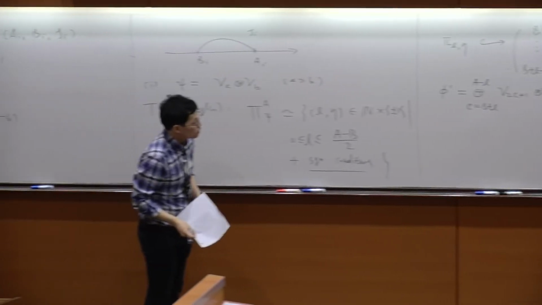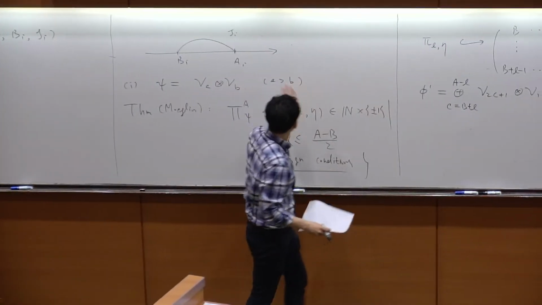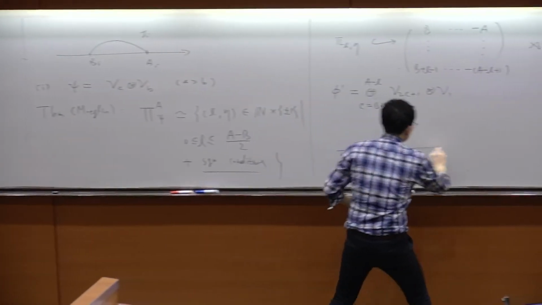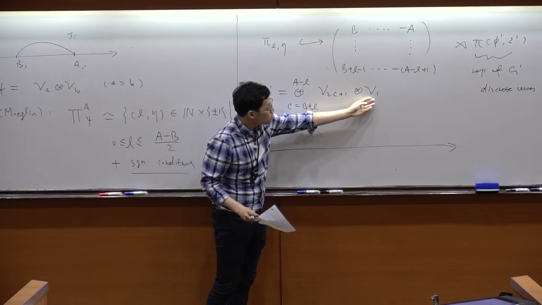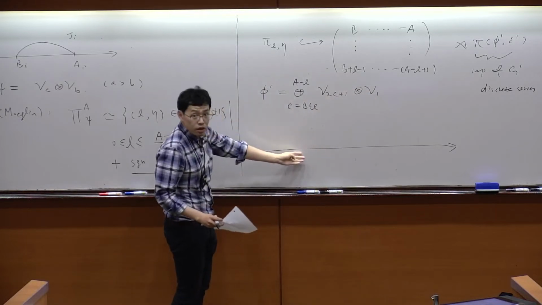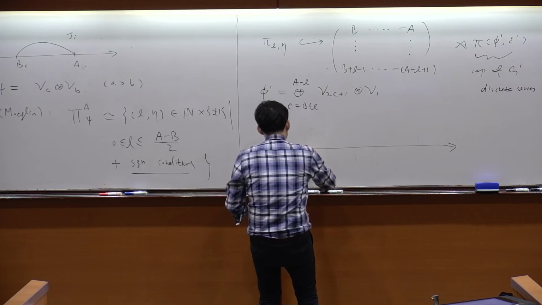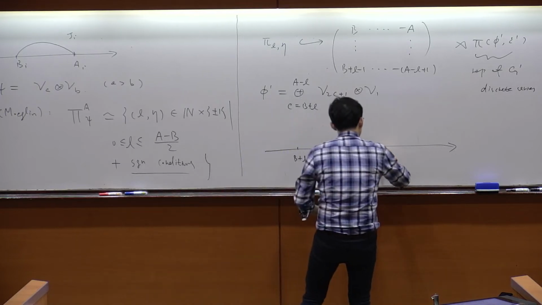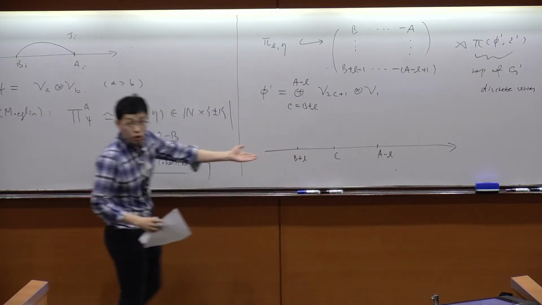So if we also kind of draw this parameter on this real line, then all these components, since the second one is trivial, you will see they just correspond to points instead of intervals. And these points will go from b plus L up to a minus L. Okay, so c will just range in these intervals.